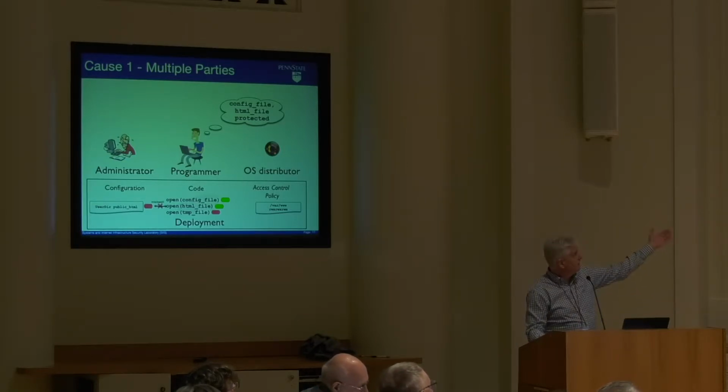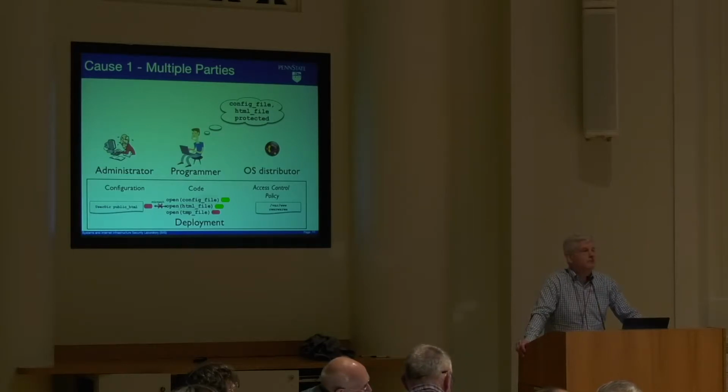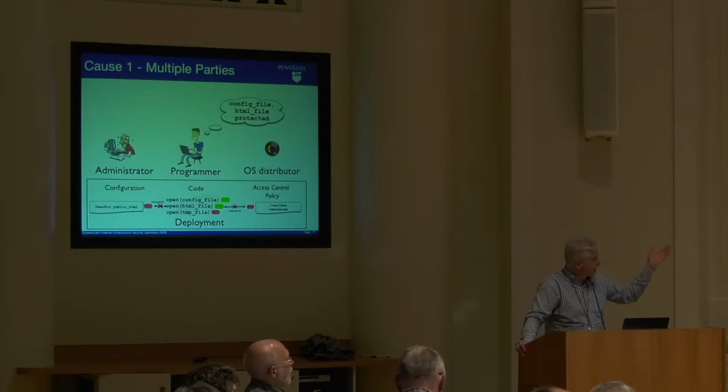But the administrator here on the left might configure the application program, through the configuration file, to choose a place for the web pages that can be written by untrusted parties, and the access control policy is defined by the OS distributor. Again, to enable this functionality that people might want, they give access to untrusted parties to write to these directories used to retrieve HTML files as well.